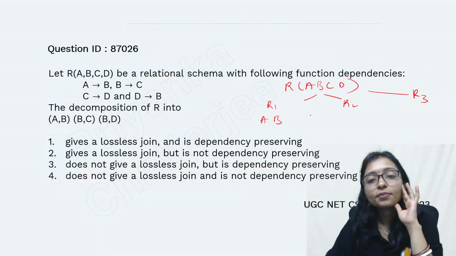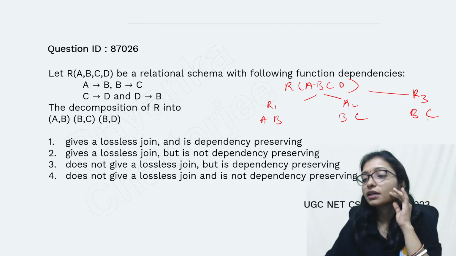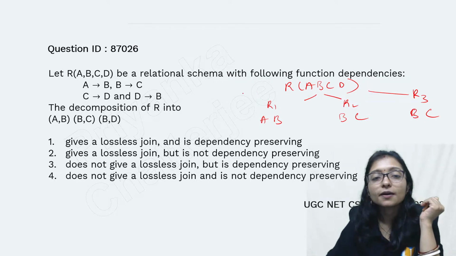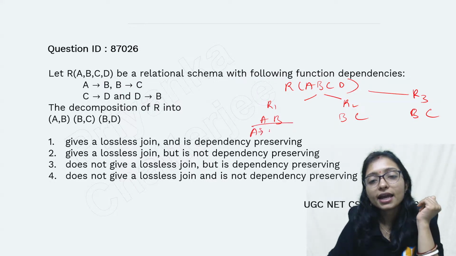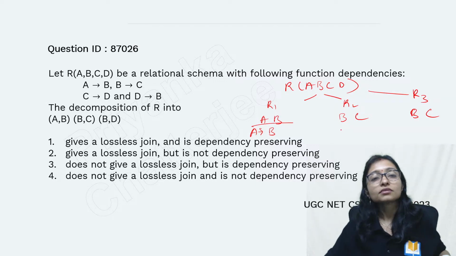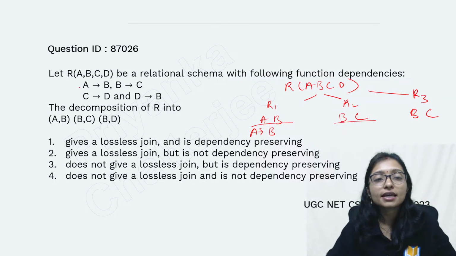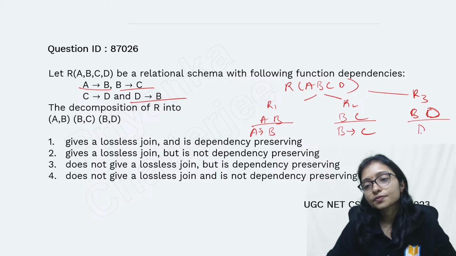This is AB, this is BC and this is BD. You have divided into 3 parts. Now you can see AB means I will get here A implies B. And BC means this A, BC is coming here, that is B implies C. And BD means D implies B.